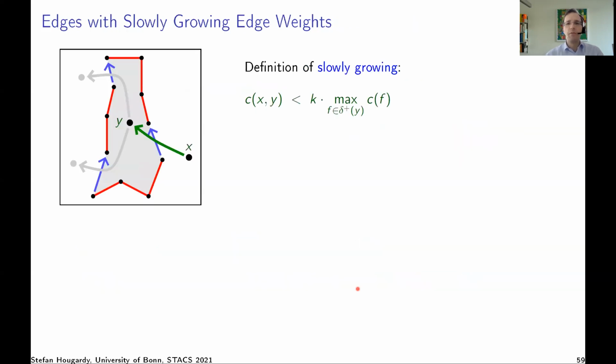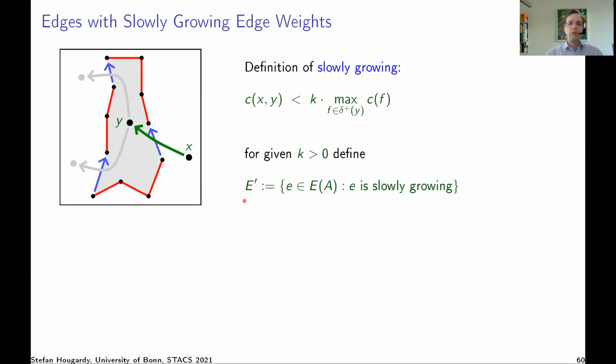What is the definition of slowly growing edges? We call an edge slowly growing if its C weight is bounded by K times the maximum C weight that we see on the boundary of some face in our planar graph, or correspondingly on the outgoing edges in our arborescence. These edges are called slowly growing, and we collect all of them in a set which we call E prime.